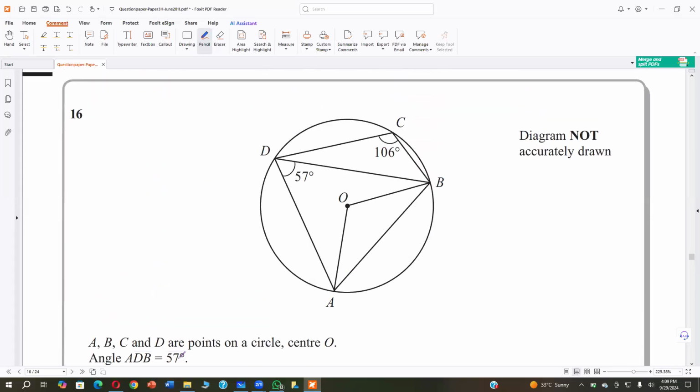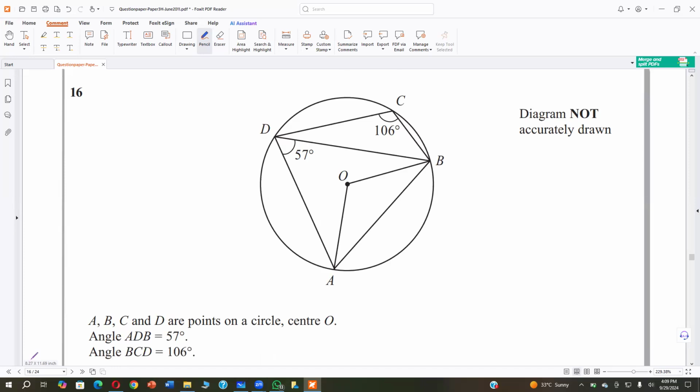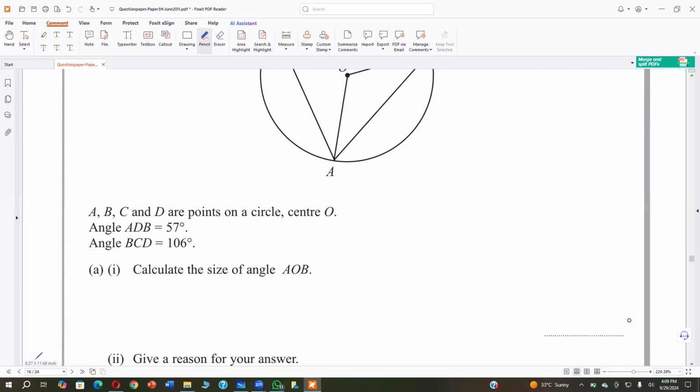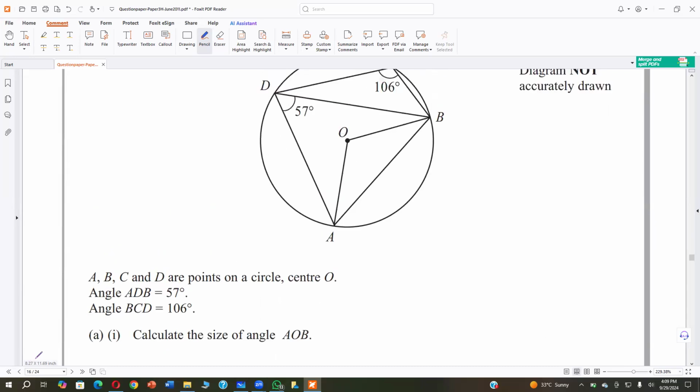Question number 16 is a question on circular measure. 106 is the angle at C, and calculate the size of angle AOB.